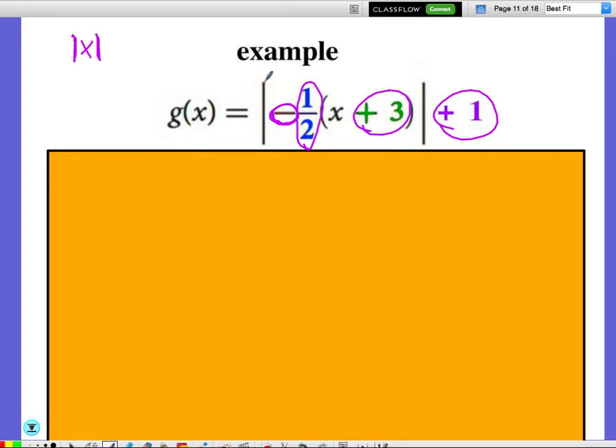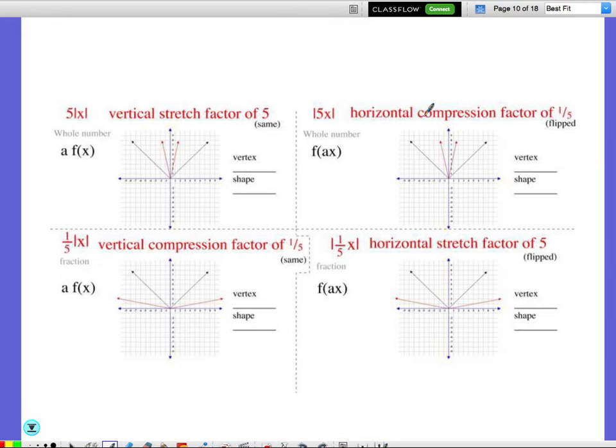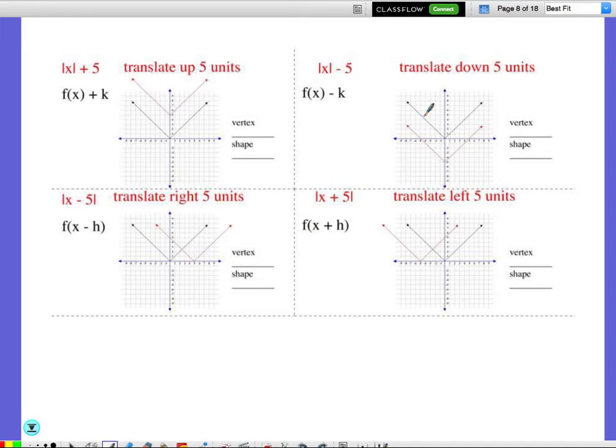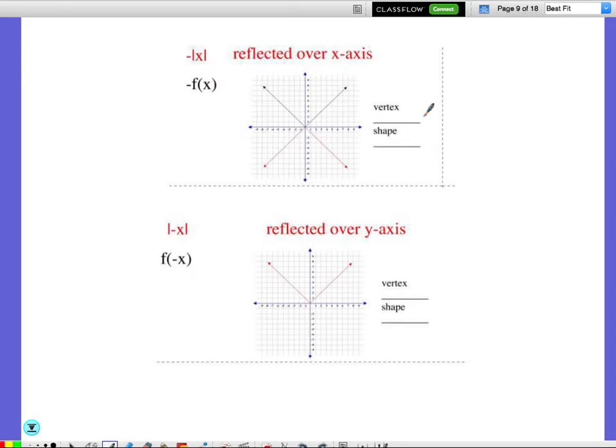First, well, this negative is inside the absolute value. And since it's inside the absolute value, it's going to be this right here. Again, the vertex stays the same, so it's called reflected over the y-axis.